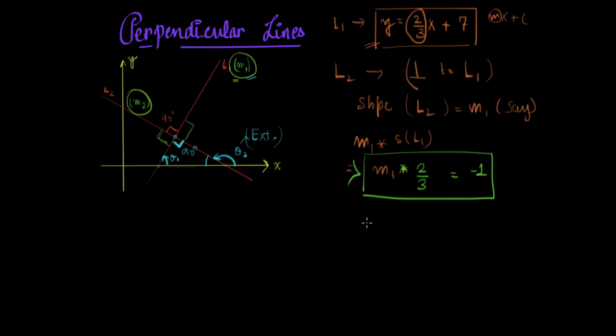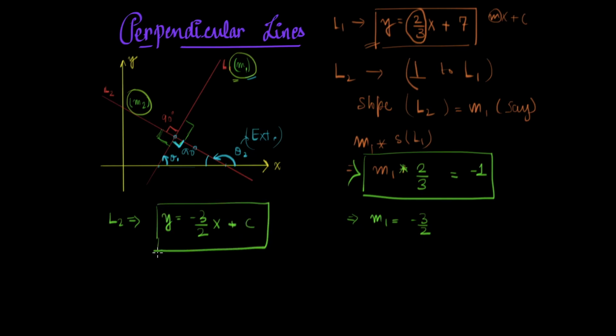Therefore, we can simplify this to get m equals minus 3 by 2. Therefore, L2 must be of the form y equals minus 3 by 2 multiplied by x plus some intercept that we have not yet established.